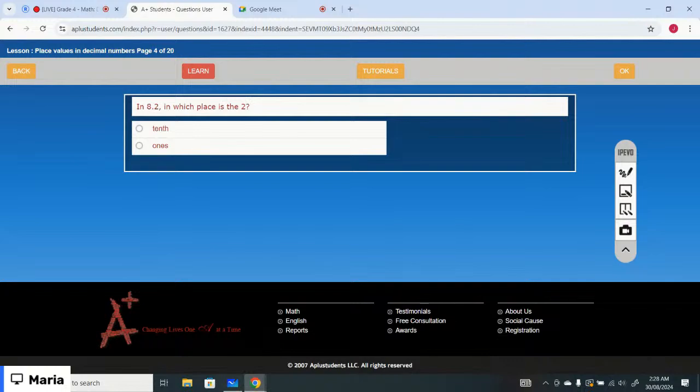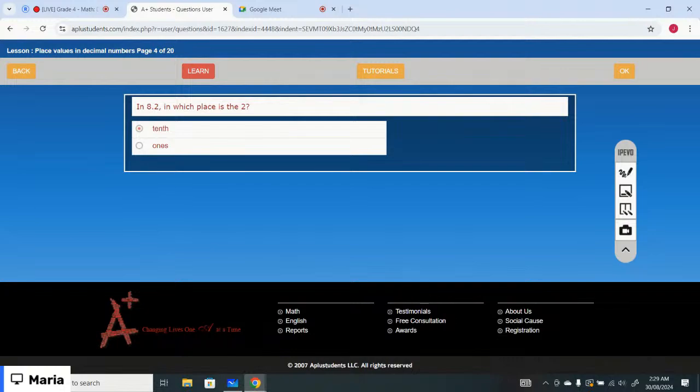In 8.2, in which place is the 2? Which is the correct option? Two is at the tenths place.